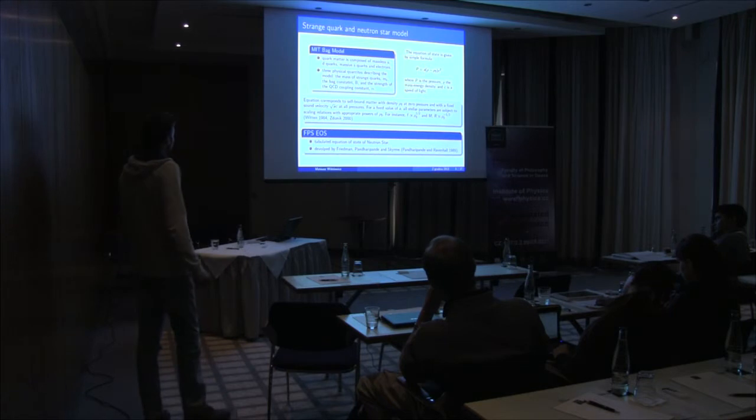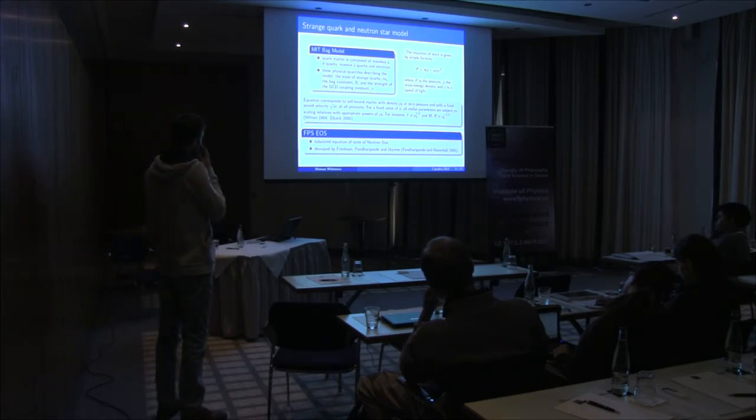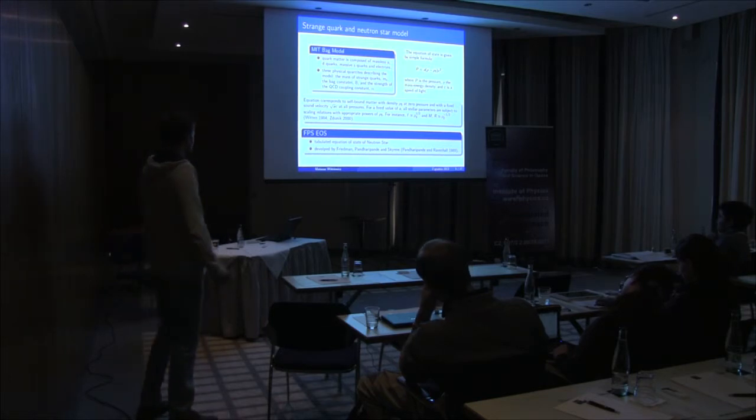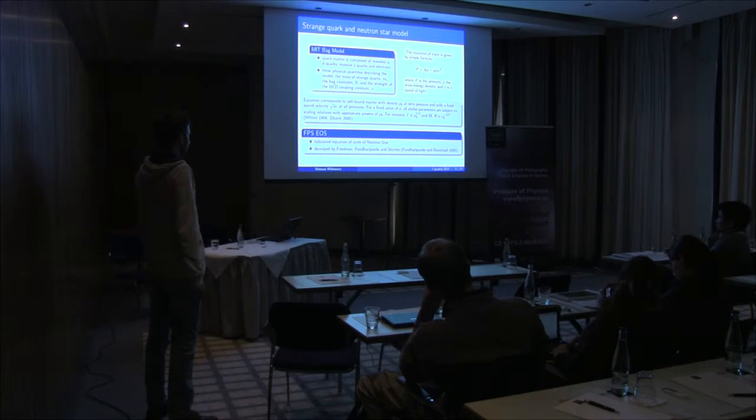To perform our calculation, we use two models: strange quark star and neutron star. To describe the strange quark star, we use the MIT bag model, in which quark matter is composed of massless up and down quarks, and massive strange quarks and electrons.